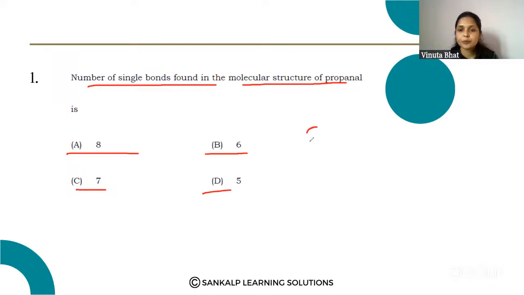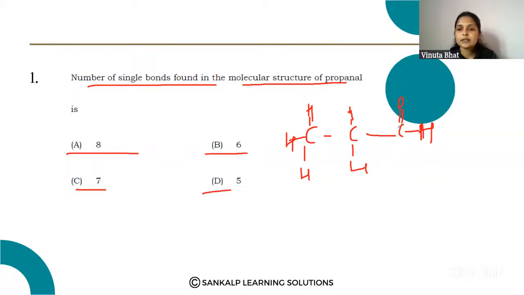Propane means it has 3 carbon atoms, and hydrogen like this, and the OH group is present. So propanol is an alcohol.